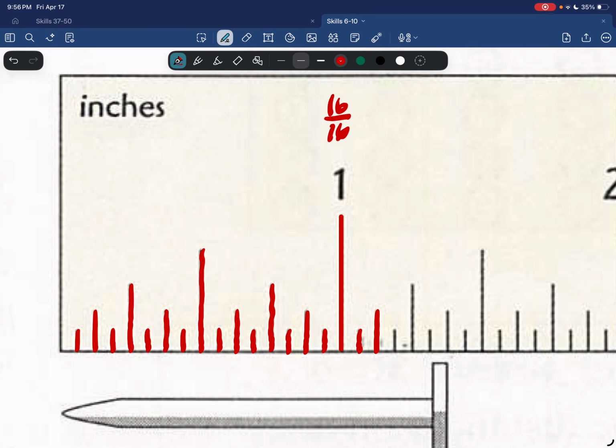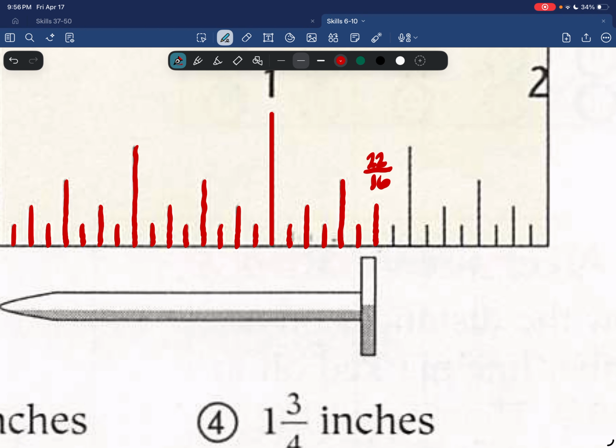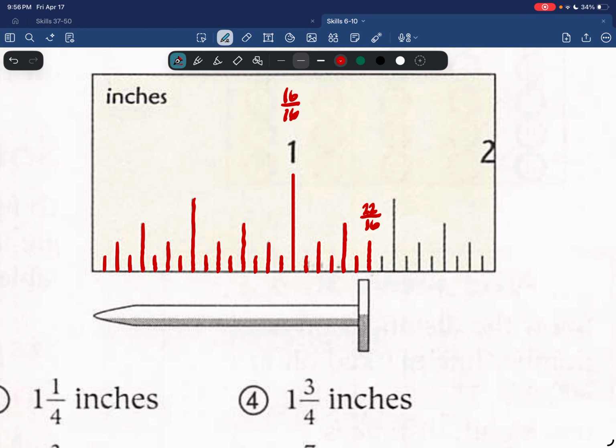17, 18, 19, 20, 21, 22. So that is at 22 of those 16th marks. And that is an improper fraction. So I'm going to say 22 divided by 16.